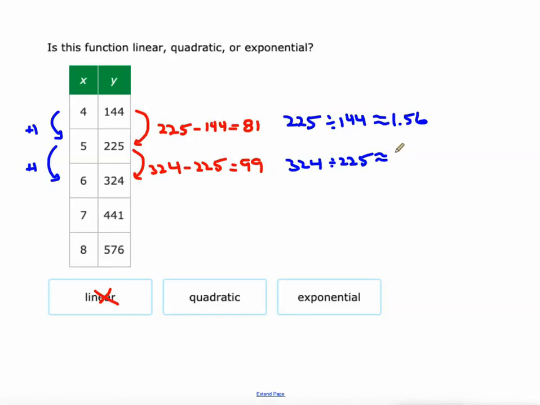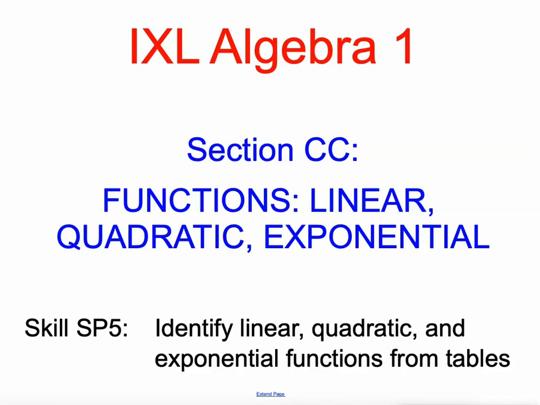And I don't. I get 1.44. Actually, it's exactly 1.44. So that leaves out exponential and leaves us with quadratic. All right, so that's identifying linear, quadratic, and exponential functions from tables.